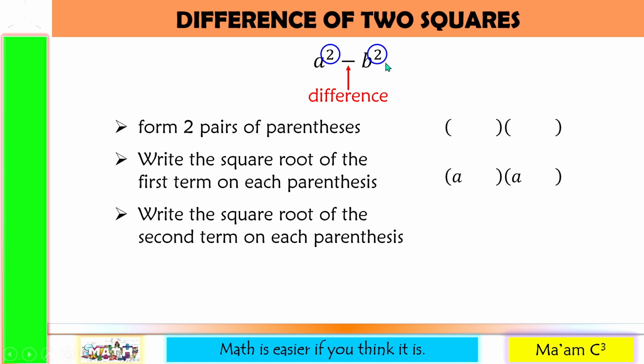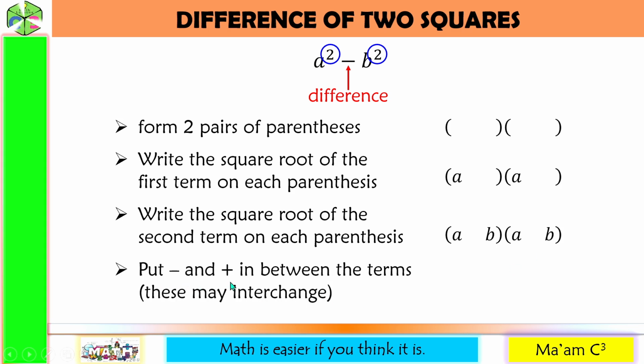The square root of b squared is b, so we have to write b on each parenthesis. Last step, we have to put minus and plus in between the terms. So we just have to put minus and plus here. Or it may interchange: quantity a plus b times quantity a minus b.